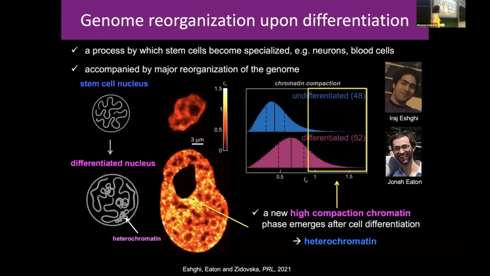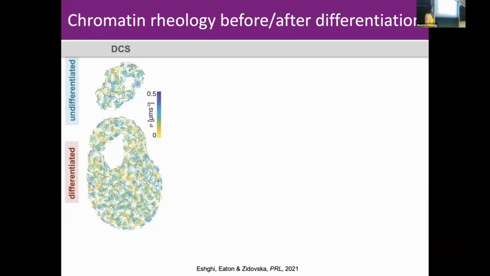Now how do we test the physical properties, the material properties, of this new phase that has emerged? For that, we use displacement correlation spectroscopy, which we developed many years earlier and which has proven extremely useful to study nucleus-wide genomic motions in live cells.